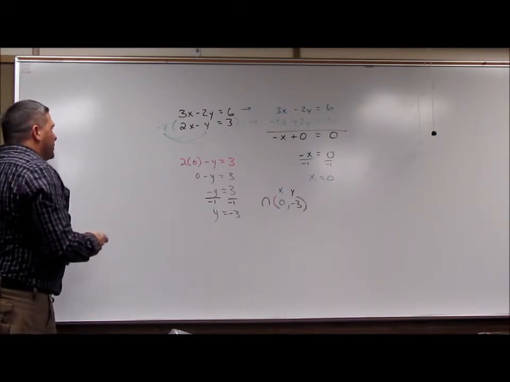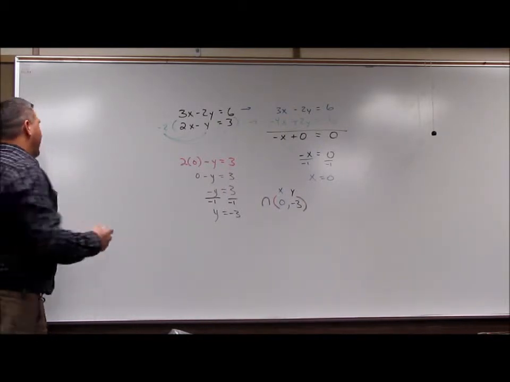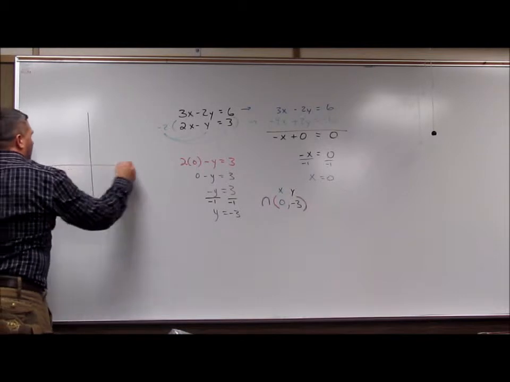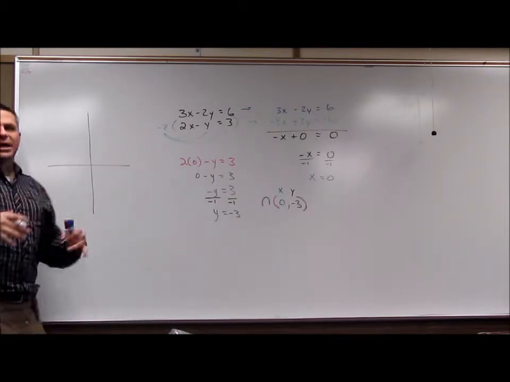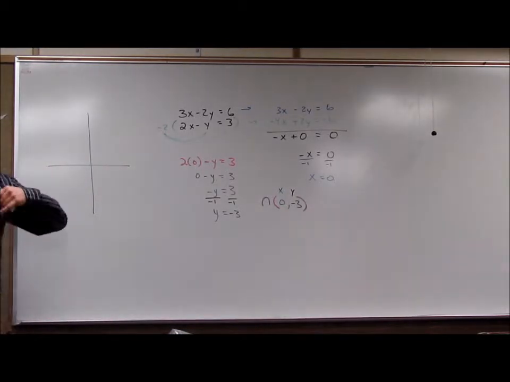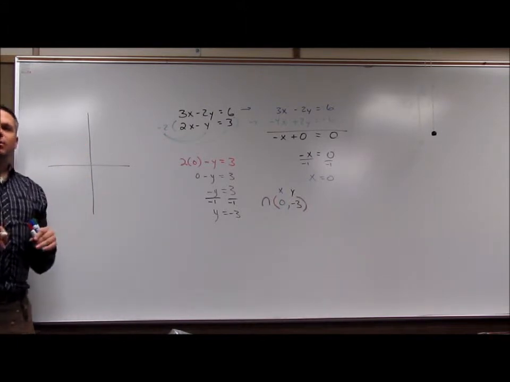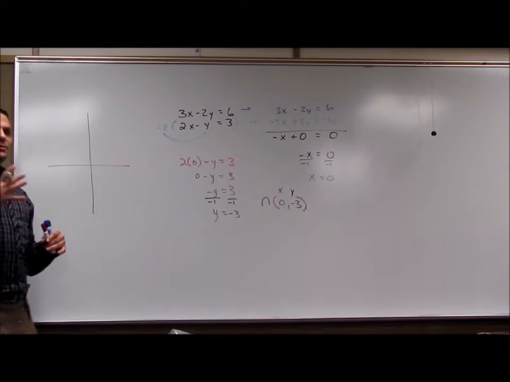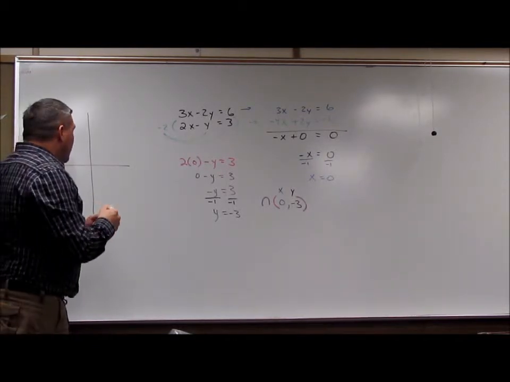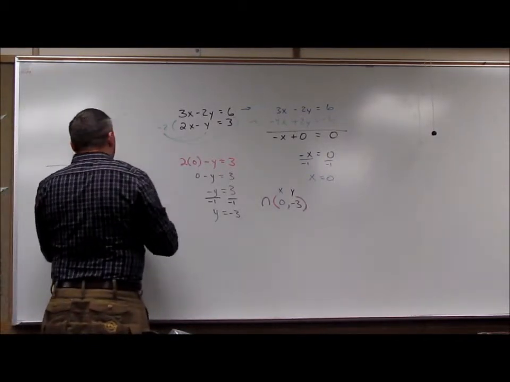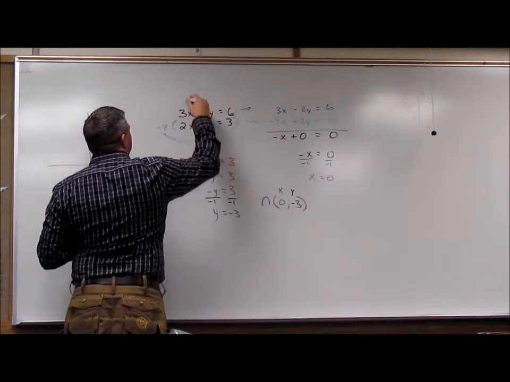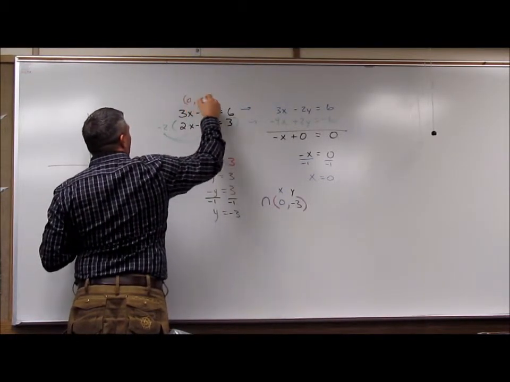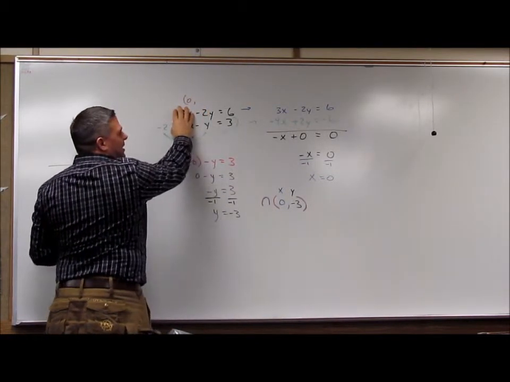And just to clarify that, we can graph them relatively quickly by using that alien hand technique, or the intercepts technique, which is plugging in zeros for each of them. So if I plug in a 0 for x on this equation, then that gets rid of the x.